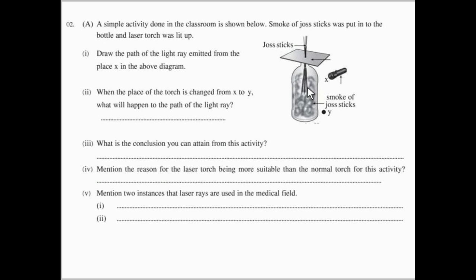Roman number 2: when the place of the torch is changed from X to Y, Y is here now. You can see Y is here. What will happen to the path of the light ray? If you enter the light from Y, that means there is an angle, no?